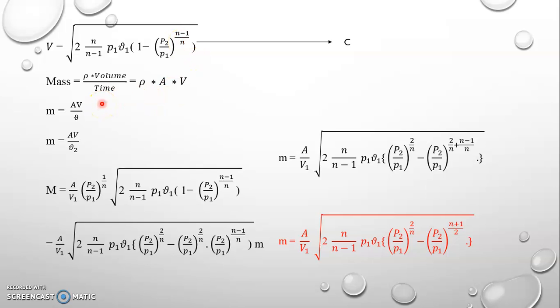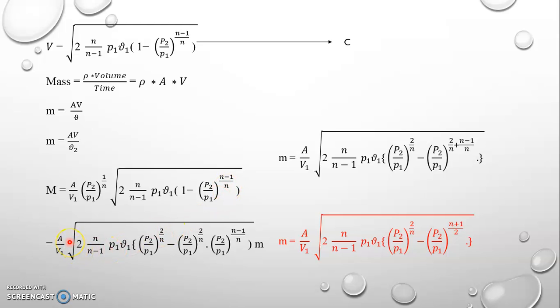Generally, mass is equal to density into volume per time, density into area into velocity. M is equal to A V by specific volume, M is equal to A V by final specific volume. Finally, we get the mass is equal to area by V1 into (P2 by P1) power of 1 by n, square root of 2 into n divided by n minus 1 P1 V1 into (1 minus P2 by P1 power of n minus 1 upon n).